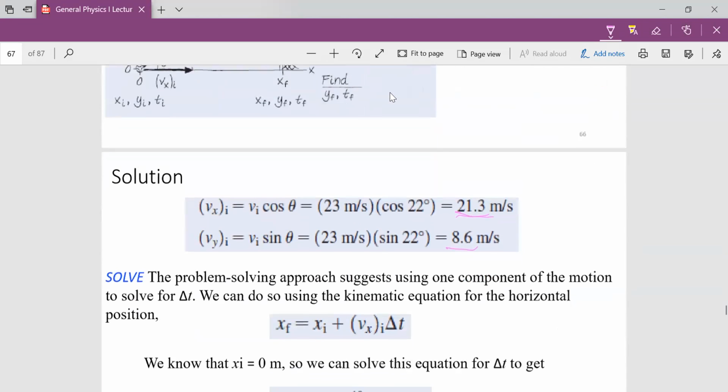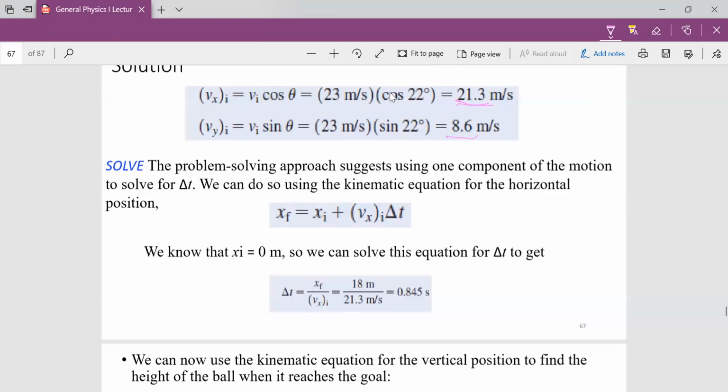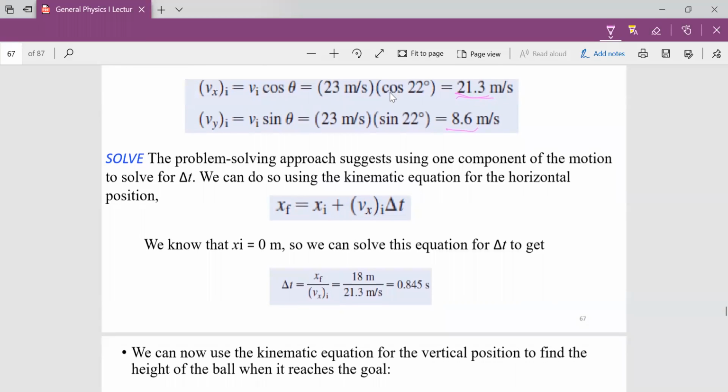Yes. Okay. So we adopted this to look for the time. We make T the subject of formula here.